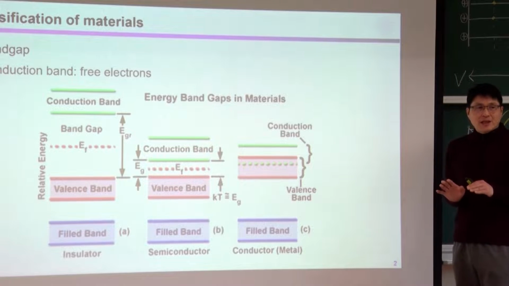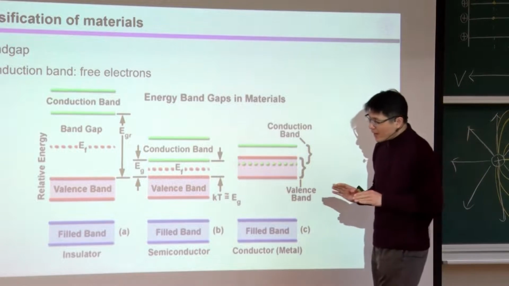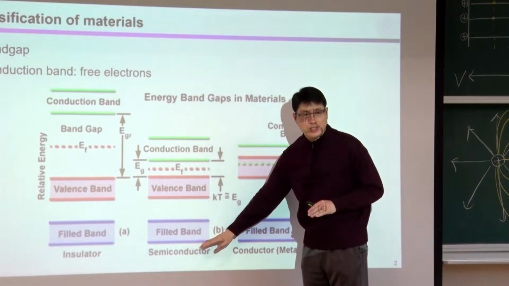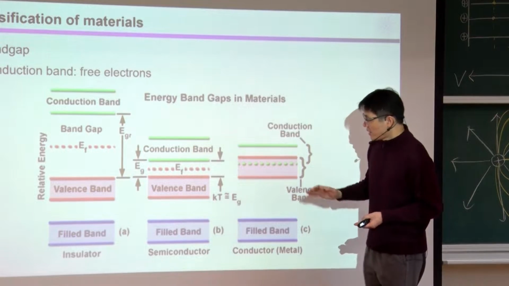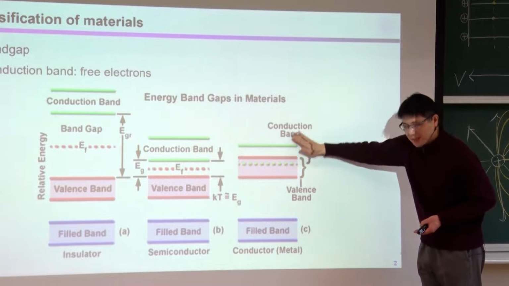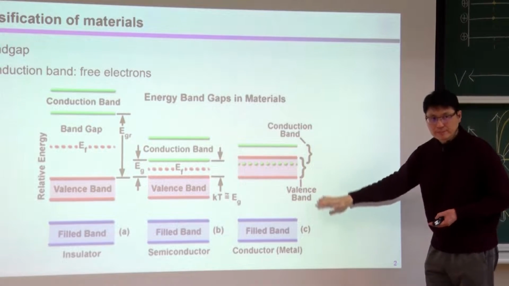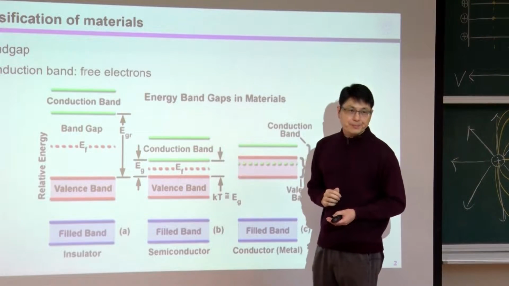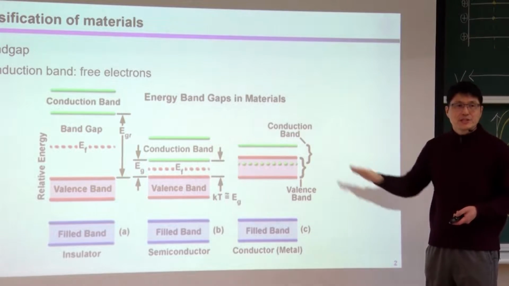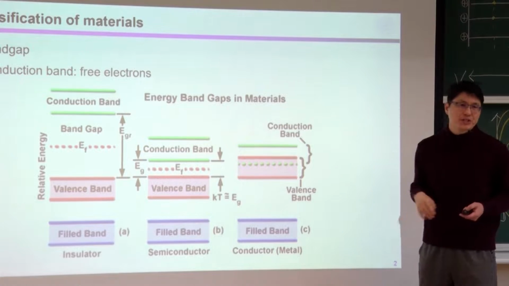In this class, I am not going to cover semiconductors. It is a course on its own. I am going to first describe conductors, metals, and then I'm going to talk about insulators. Alright, so metals first, and then insulators.